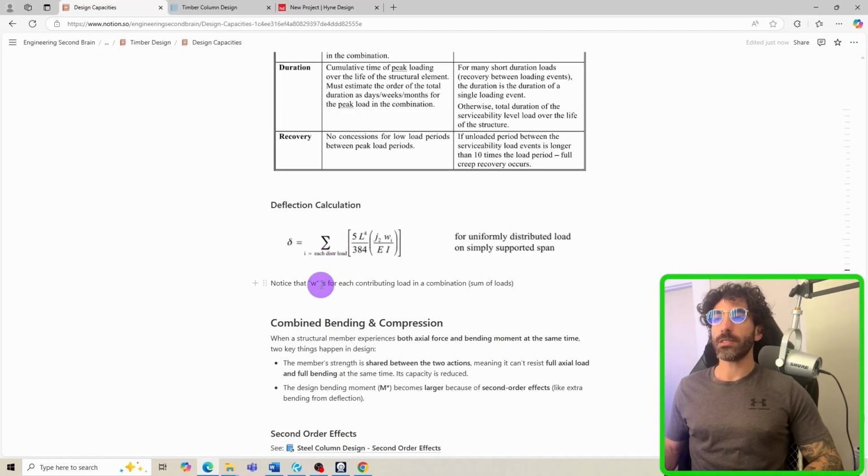Deflection calculation, you should be pretty familiar with this formula for a uniformly distributed load on a simply supported beam. That's 5 times WL to the 4 divided by 384 EI. That's your basic formula that every engineer should know by heart. But notice that for timber now we have the J2 factor introduced into this equation.